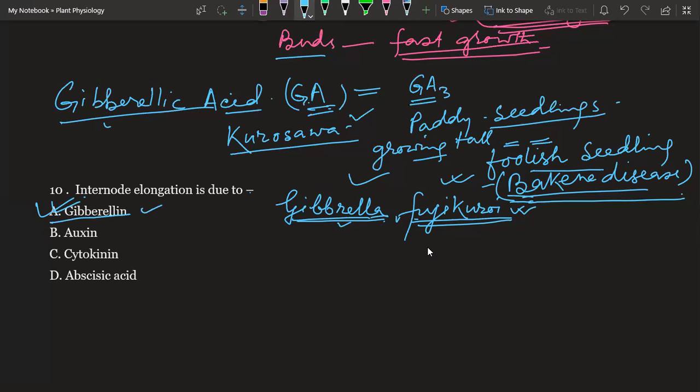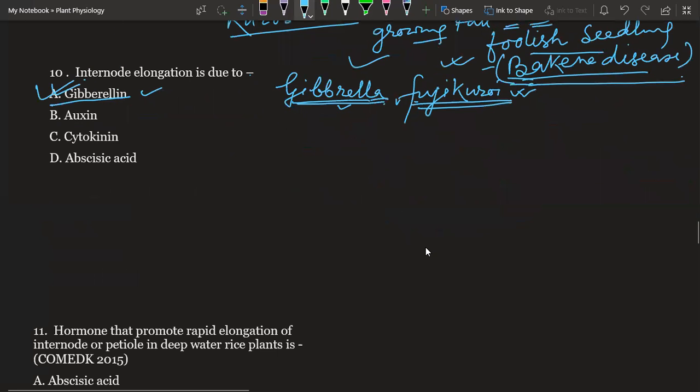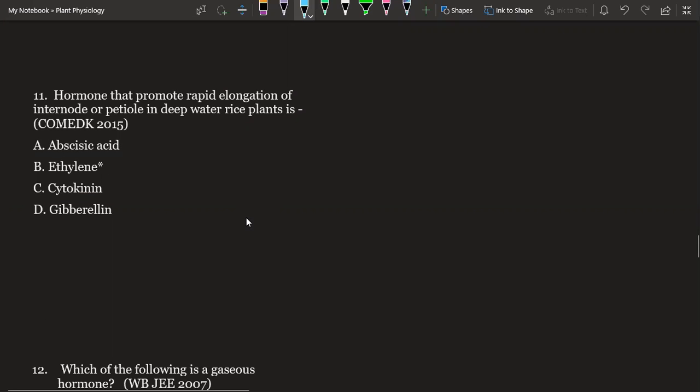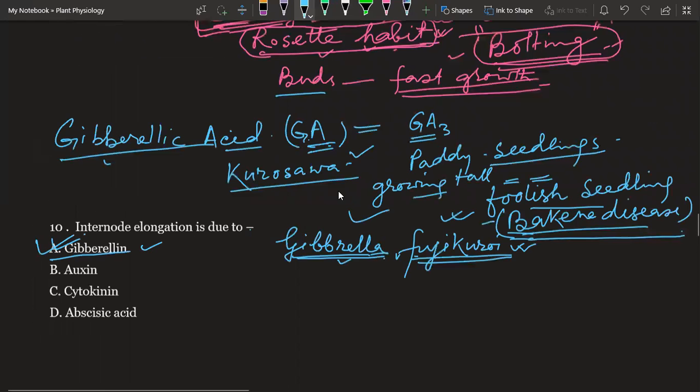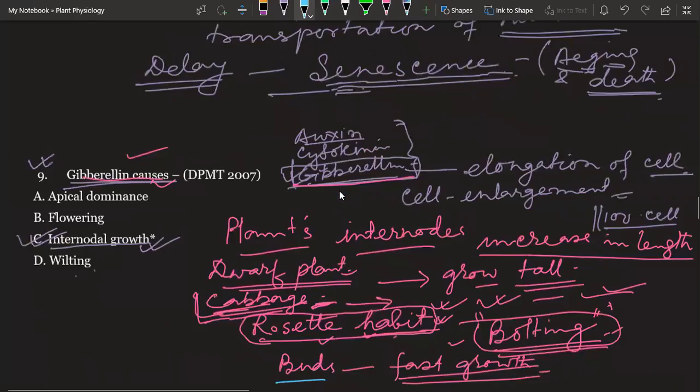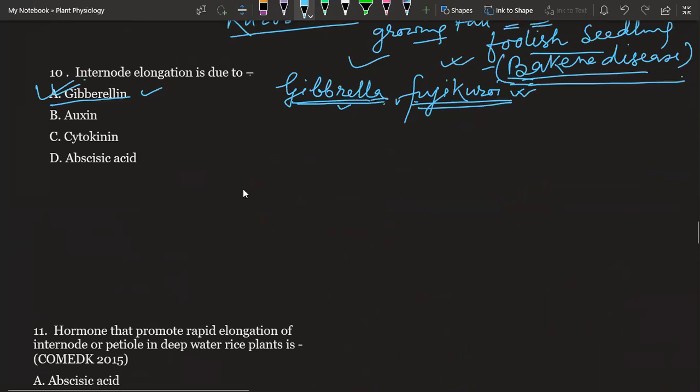Next is the hormone that promotes rapid elongation of internode or petiole in deep water rice plants. Let us know a little more about gibberellin. Gibberellin can promote seed germination.